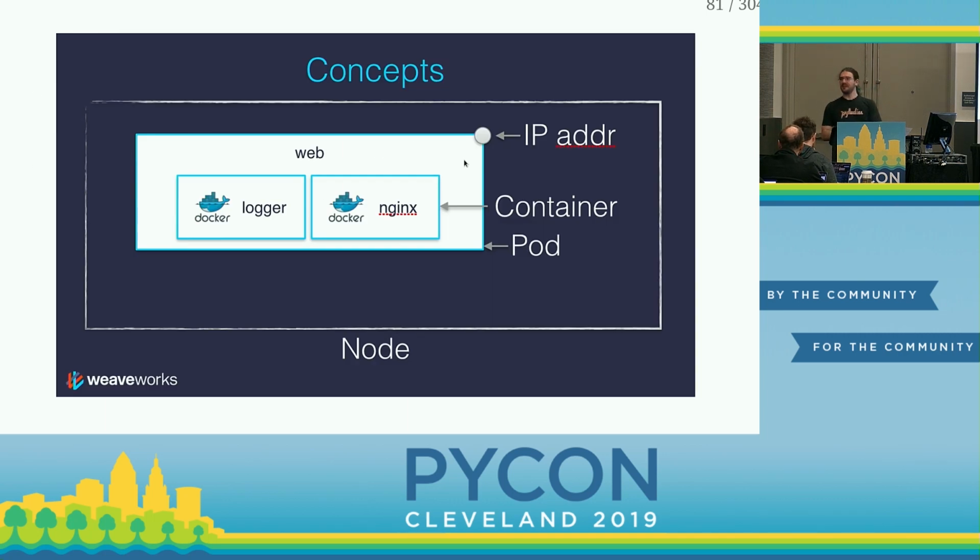So what about sidecars? You will often see sidecars in Kubernetes. A sidecar is a container in a pod that provides some extra feature, some extra little thing. For instance, here we would probably call that logger a logging sidecar.